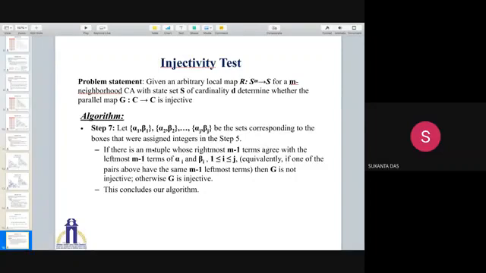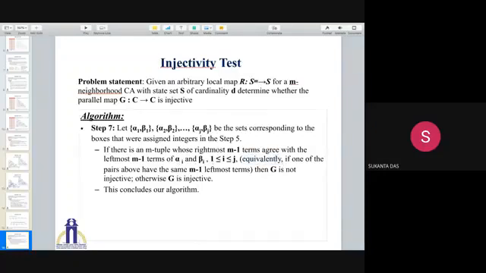Now, if there is an M tuple whose rightmost M minus 1 terms agree with the leftmost M minus 1 terms of alpha I and beta I, then G is not injective. Otherwise, G is injective. Interesting. What is it saying?